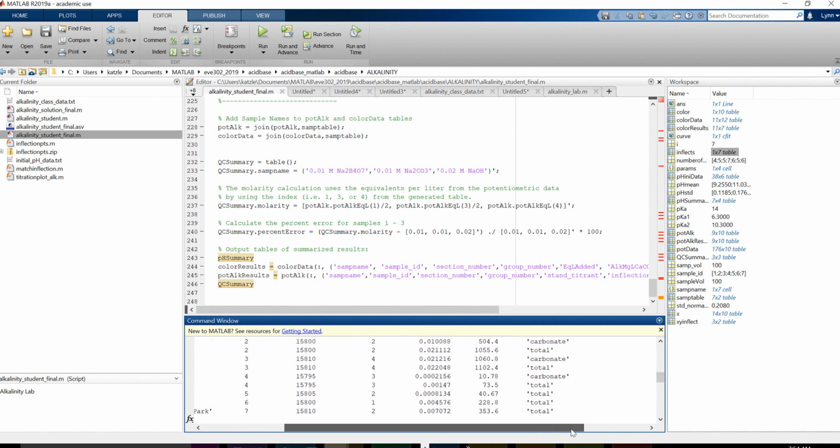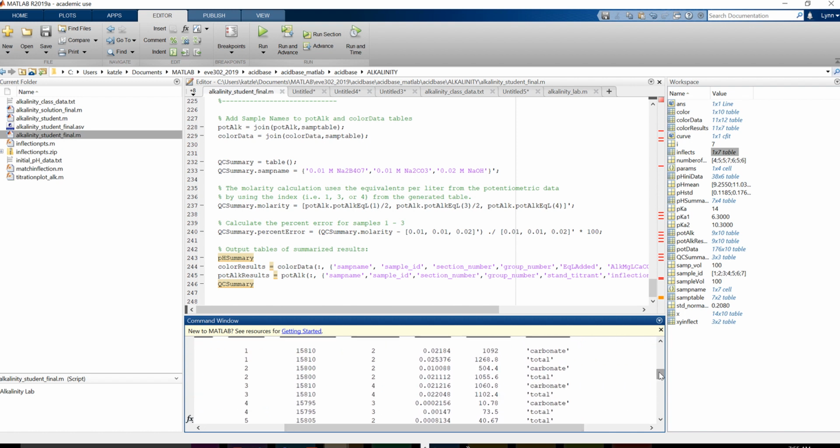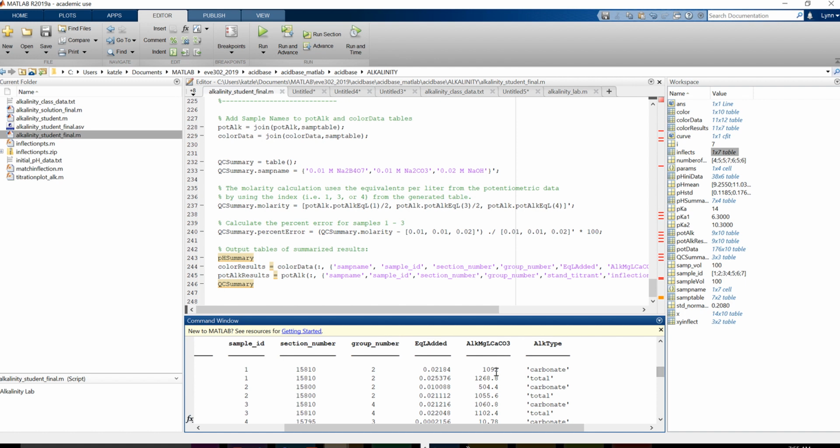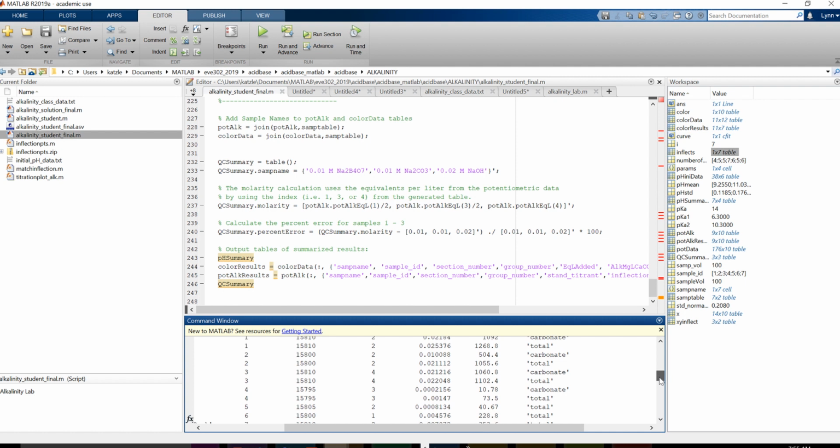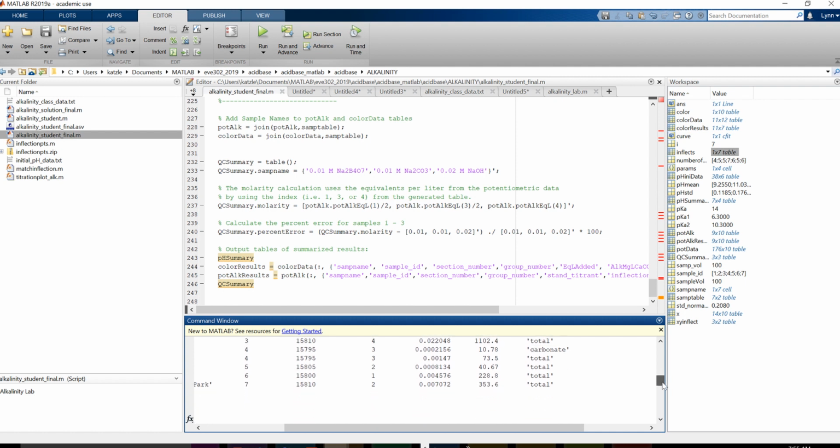So for the color change results, you can see what the alkalinity was for each of our samples, whether it was the carbonate alkalinity, which corresponded to the first color change for the phenolphthalein, or the total, which corresponded to the color change for the methyl orange. And then finally you see all the samples.